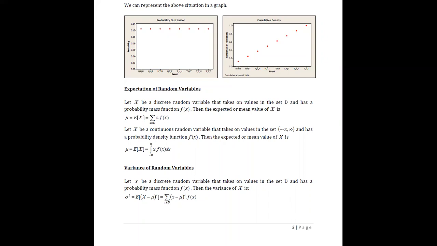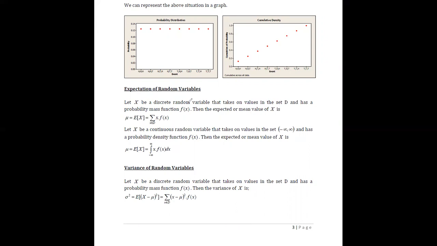Using that concept, we are going to identify the expectation of a random variable. Based on whether the random variable is discrete or continuous, we use two techniques, summation and integration: summation for the discrete case, integration for the continuous case.